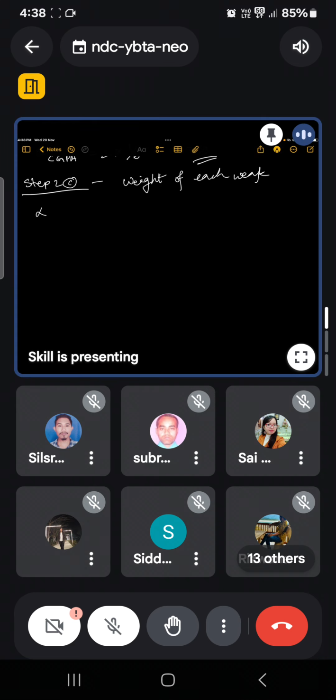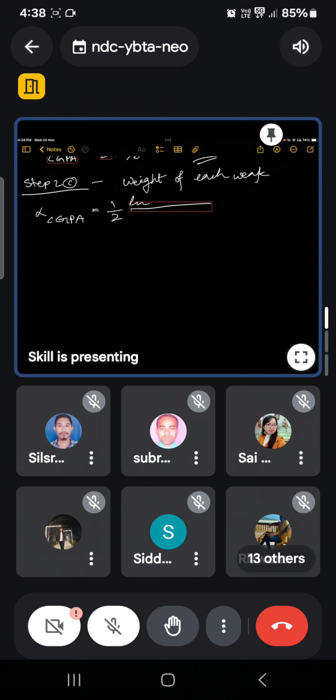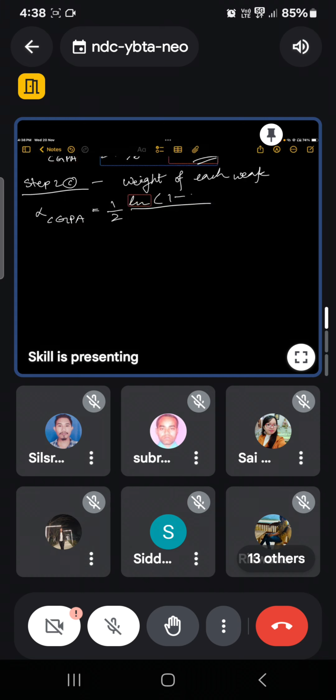One formula is there to calculate it: alpha equals log of (1 minus weighted error) divided by weighted error.